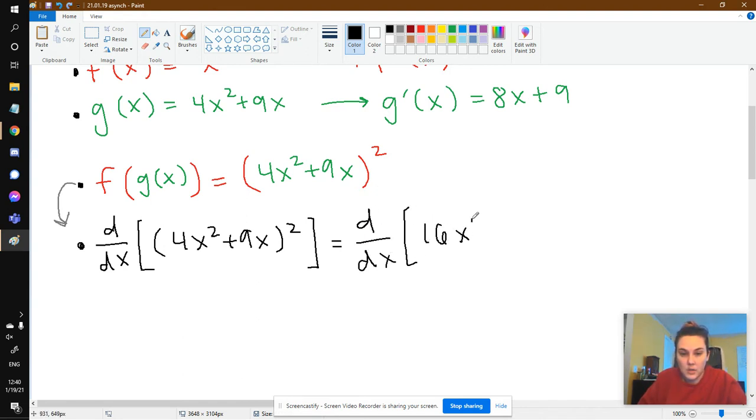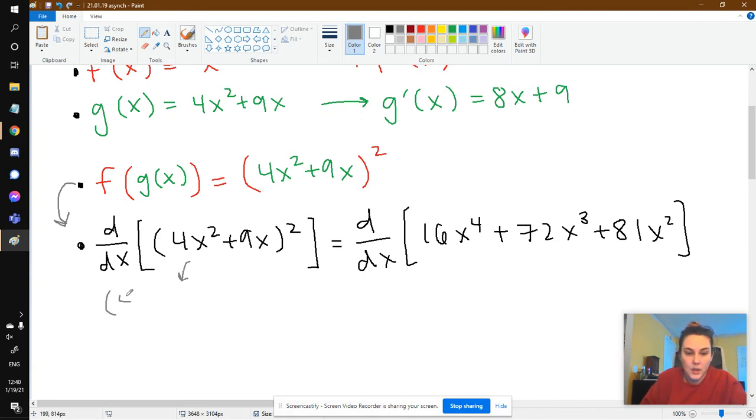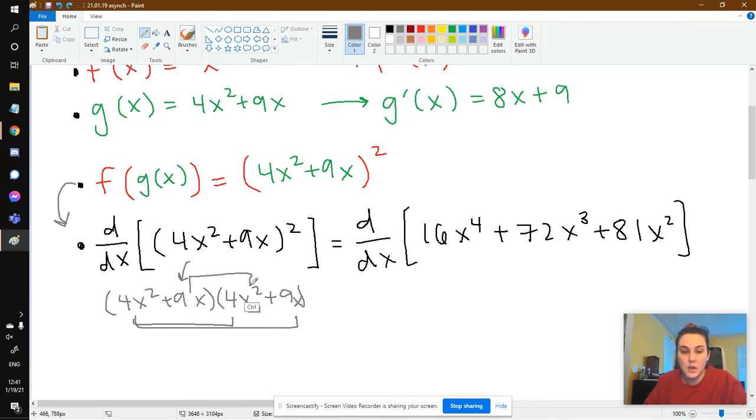We need to do 16x to the fourth plus 72x to the third plus 81x squared. That math I did really fast was 4x squared plus 9x times 4x squared plus 9x. I did this times this is 16, this was 36x cubed, this was 36x cubed put together, and then that was 81x squared. But that was the fast math I did.